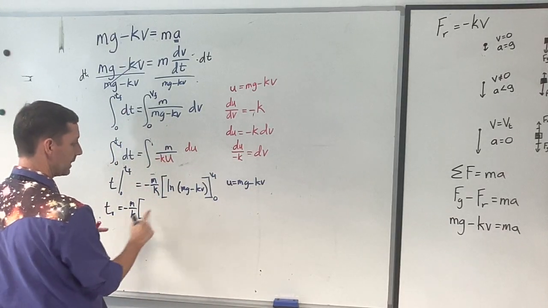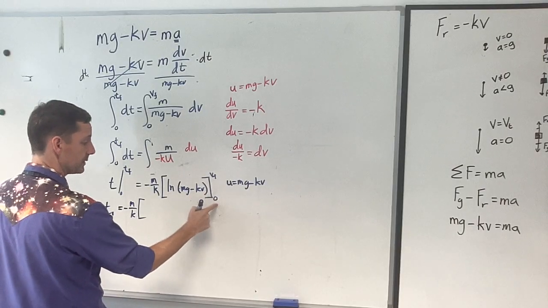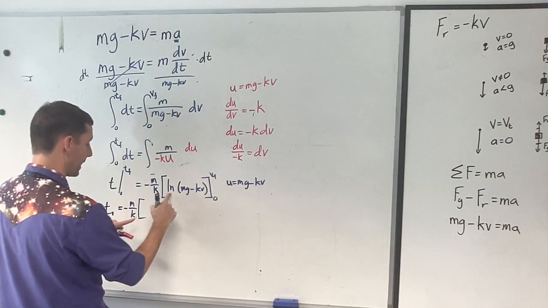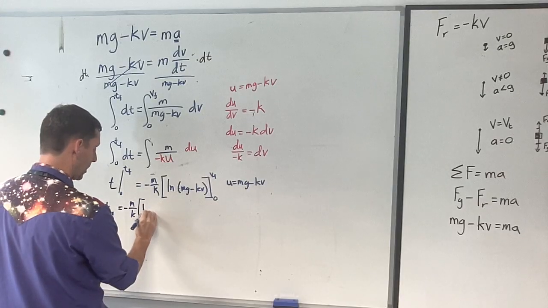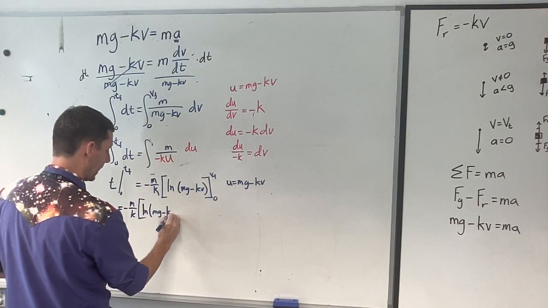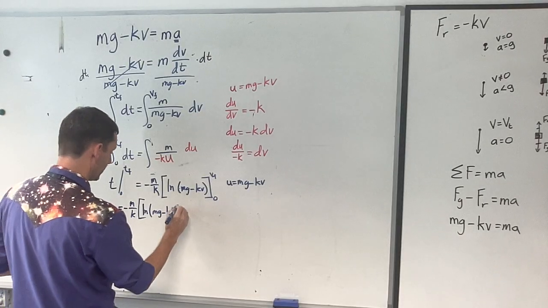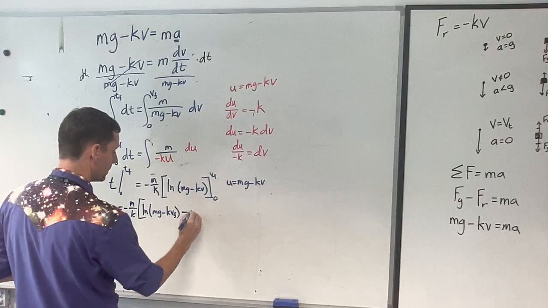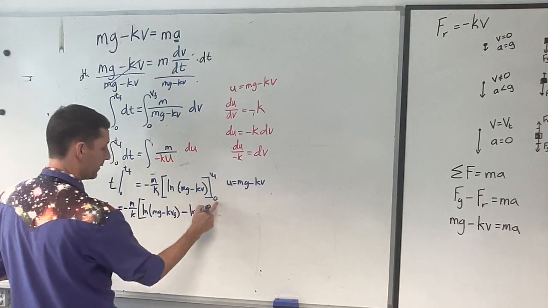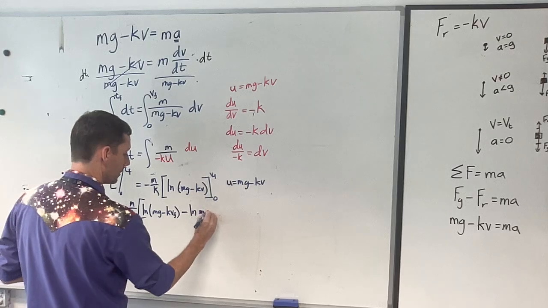So m over k, so I'm going to put the vf in first, so that's going to be natural log of mg minus k vf. And then I'm going to go minus natural log of, and if I put the 0 in, that's going to be natural log of mg.